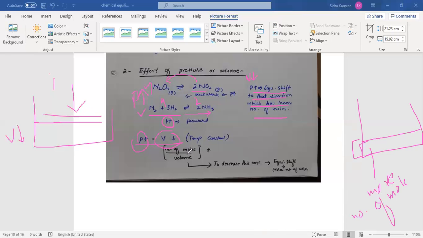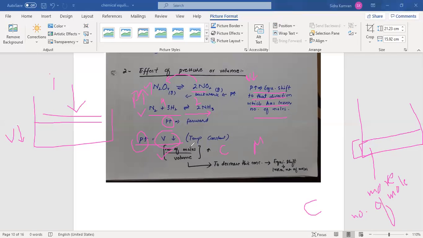Concentration is the number of moles per unit volume, that is the molarity we take when we calculate the equilibrium constant. So by decreasing the volume, concentration is increased.